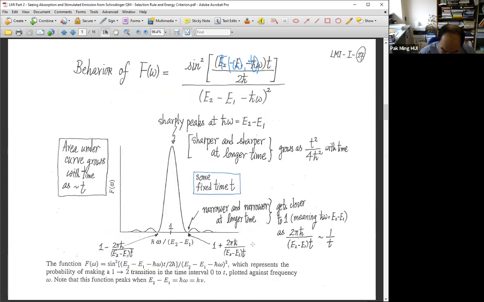Now let me clean the thing up, okay? So now let me focus on this behavior. On this page, my real point is, let's take some fixed time. So I'm not worrying about this as a function of time. I take it as given a number.